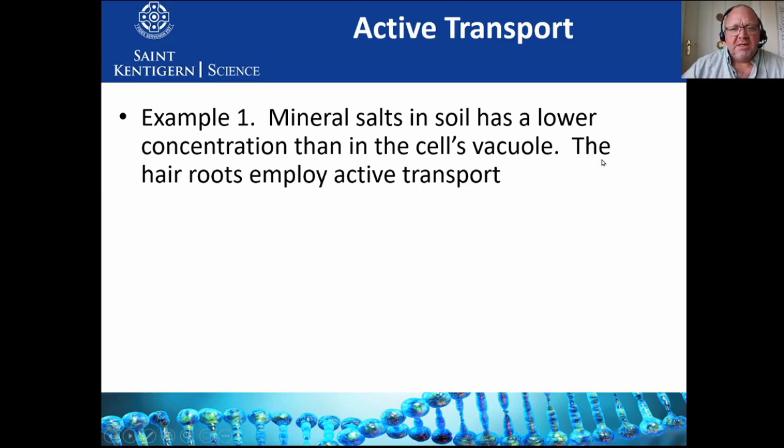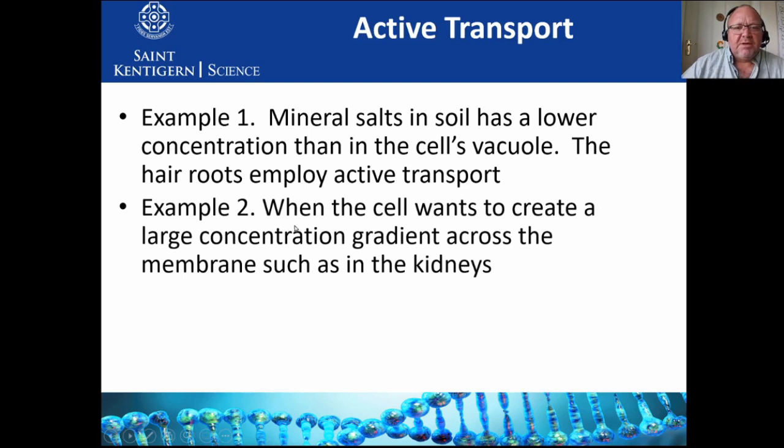Consequently it is going against the concentration gradient, because in the soil water the concentration of these mineral salts is very low. So in comparison to the cell's vacuole, there's less dissolved stuff in the soil water. So the cell has to actively pump mineral salts and so forth into the vacuole. The water will move passively across to try and dilute down or create equilibrium with the cell's vacuole.